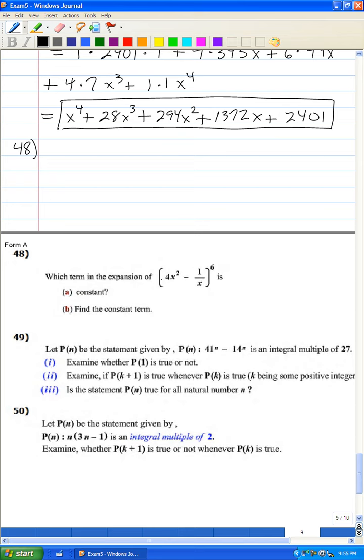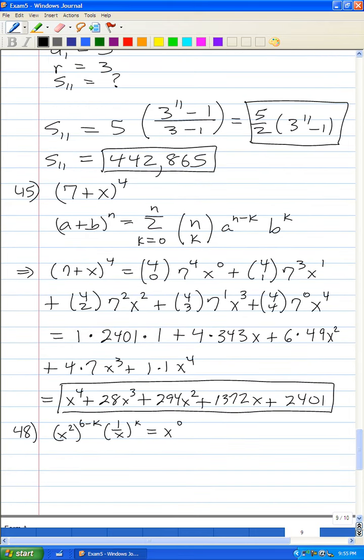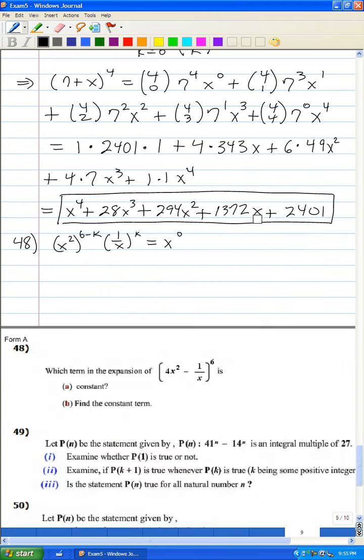And so I have here by the expansion x squared to the power 6 minus k times 1 over x to the k has to be x to the 0. So don't worry about any of the constants and try to figure out what k is here in the binomial expansion.